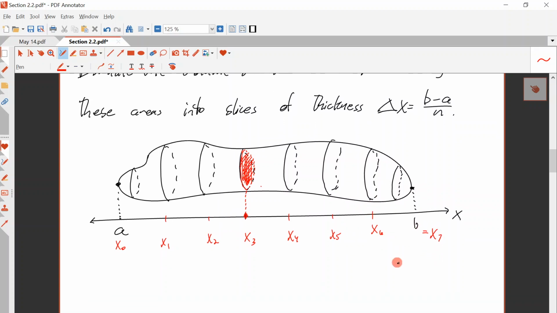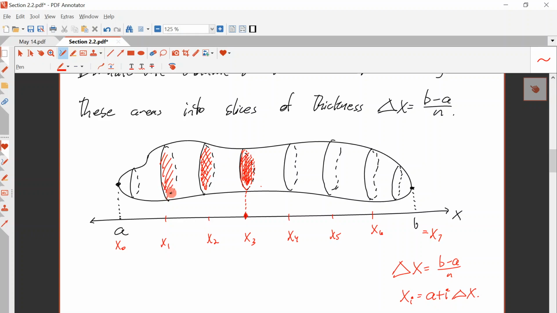Where here, delta x, which is the distance between those things, is (b minus a) over n, and x_i is a plus i times delta x. So here are all of these slices, like that.